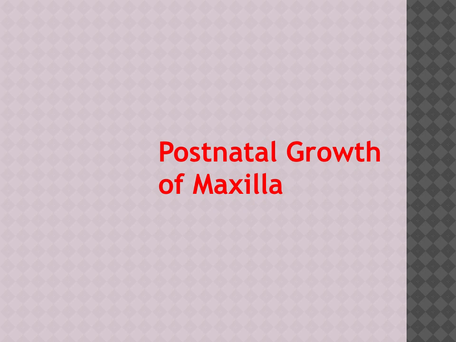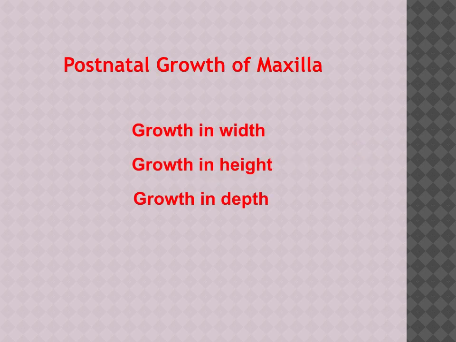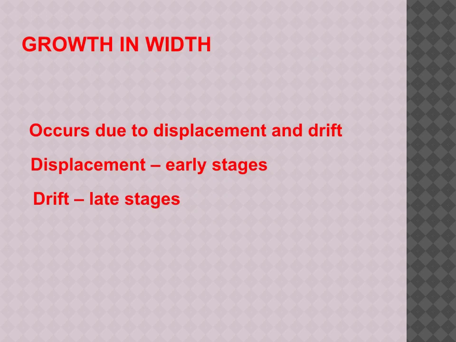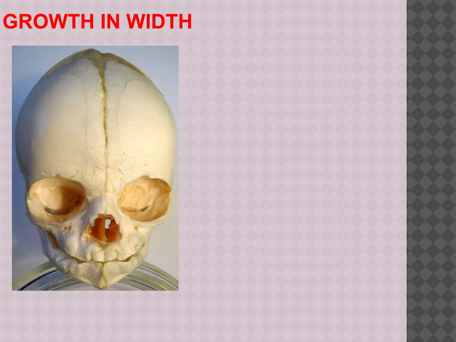To be a little more specific, let's have a look at the postnatal growth of maxilla in all three directions. That means in width, height and depth. The growth in width will occur due to displacement and drift. In earlier stages it is more of displacement, both types, and drift in the later stages. Growth in width is predominantly because of deposition of bone at the various sutures.